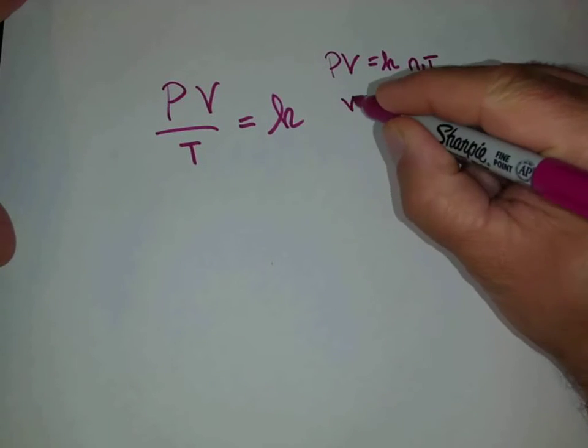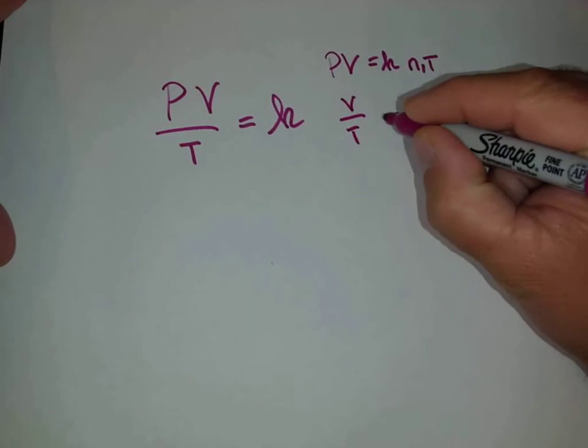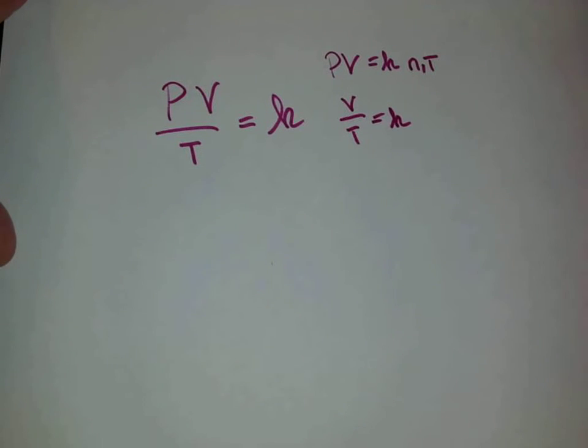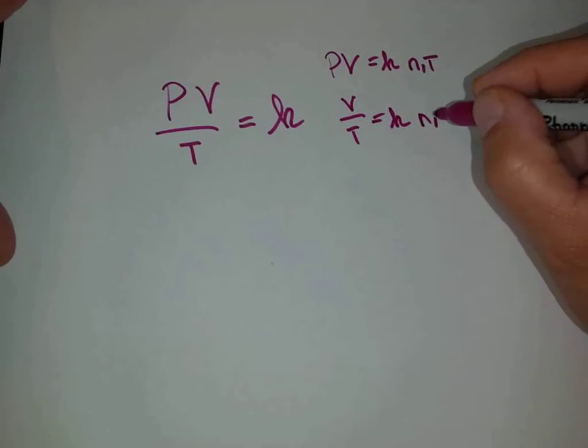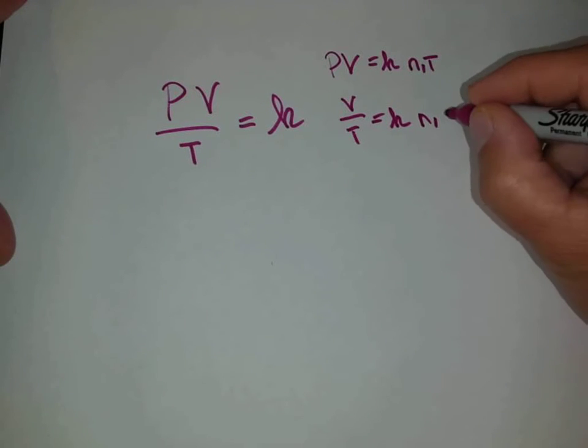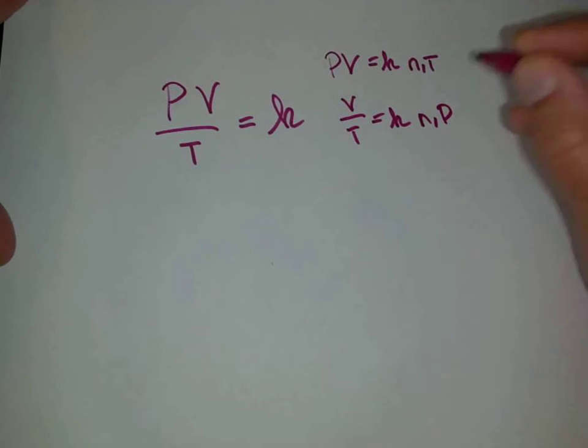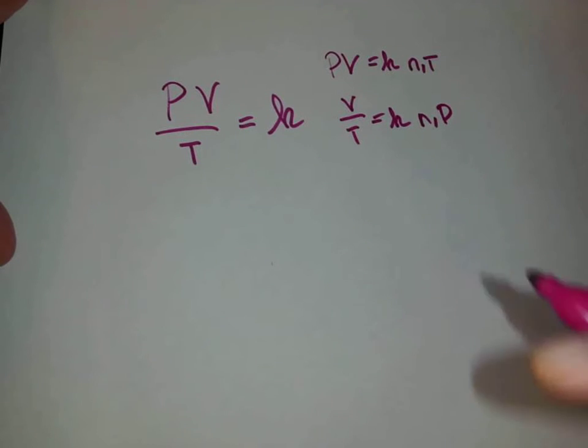And then we had Charles's law, also equal to a constant. Again, that is true as long as the number of particles, the number of moles, and the pressure are held constant.